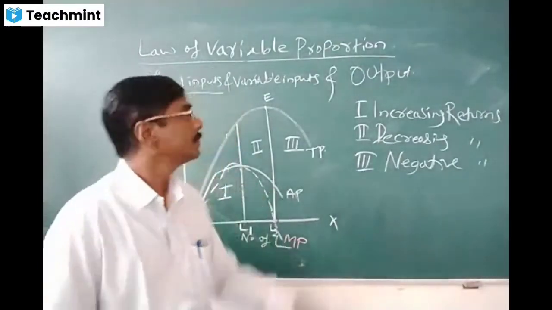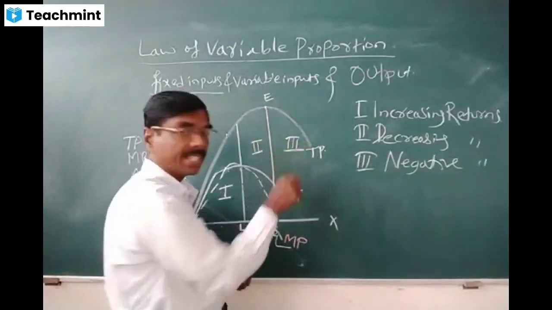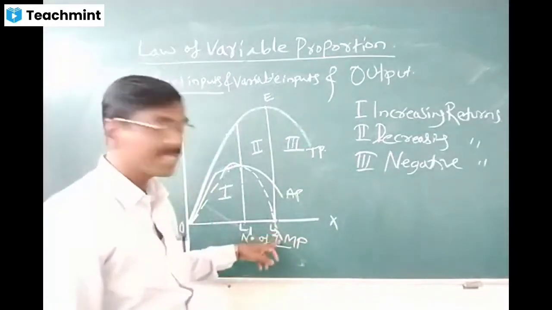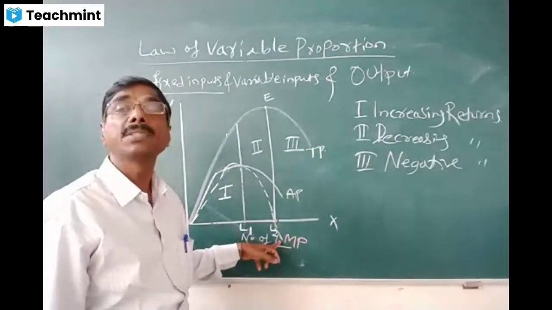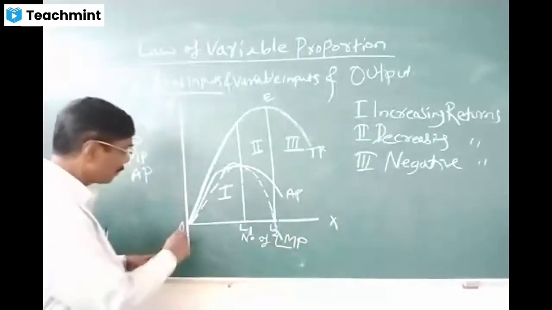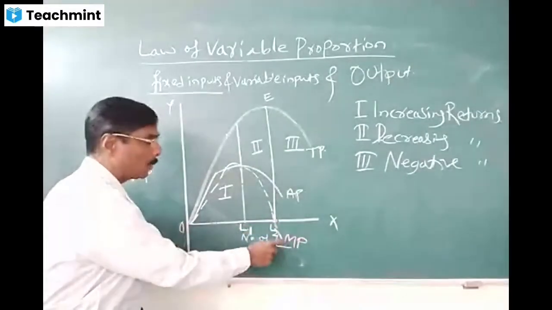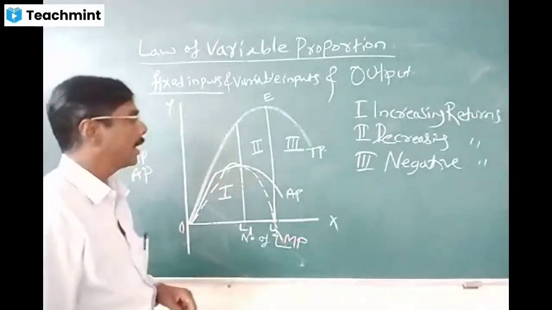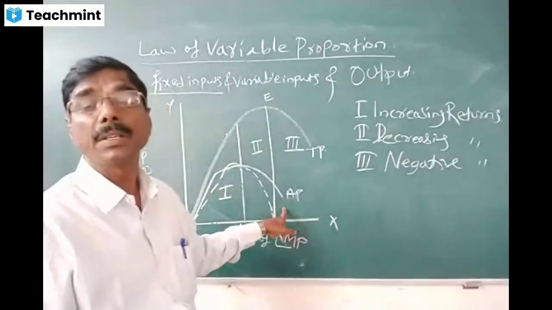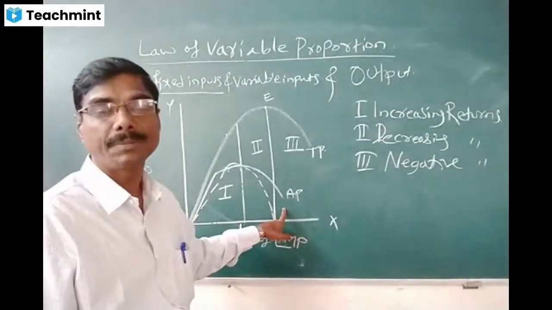Total output is decreasing. Marginal output becomes negative, after zero it becomes negative. And the average output curve also decreases, with a sharp decrease in average output.